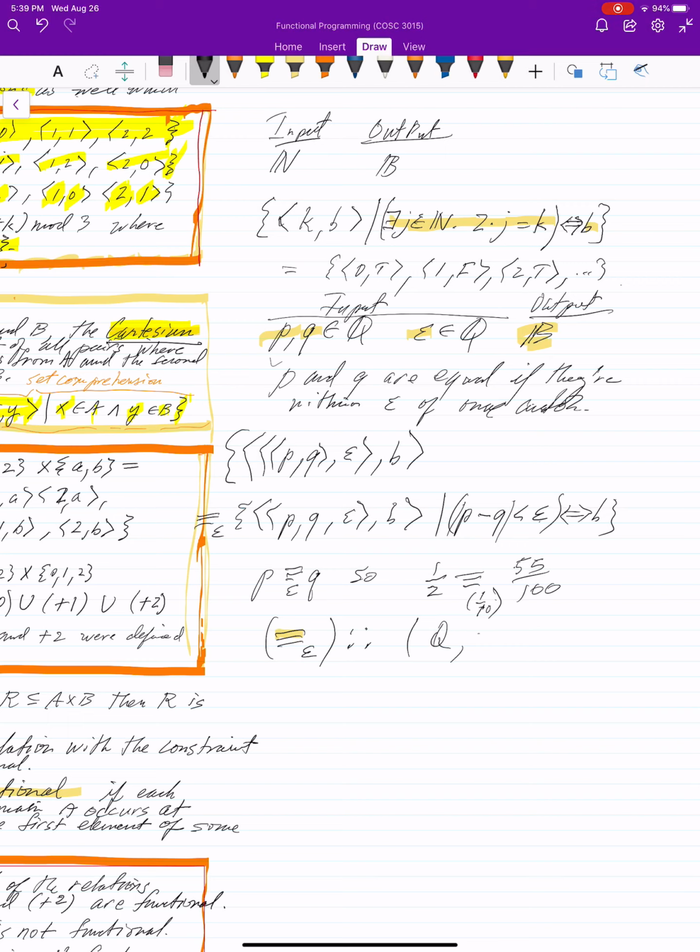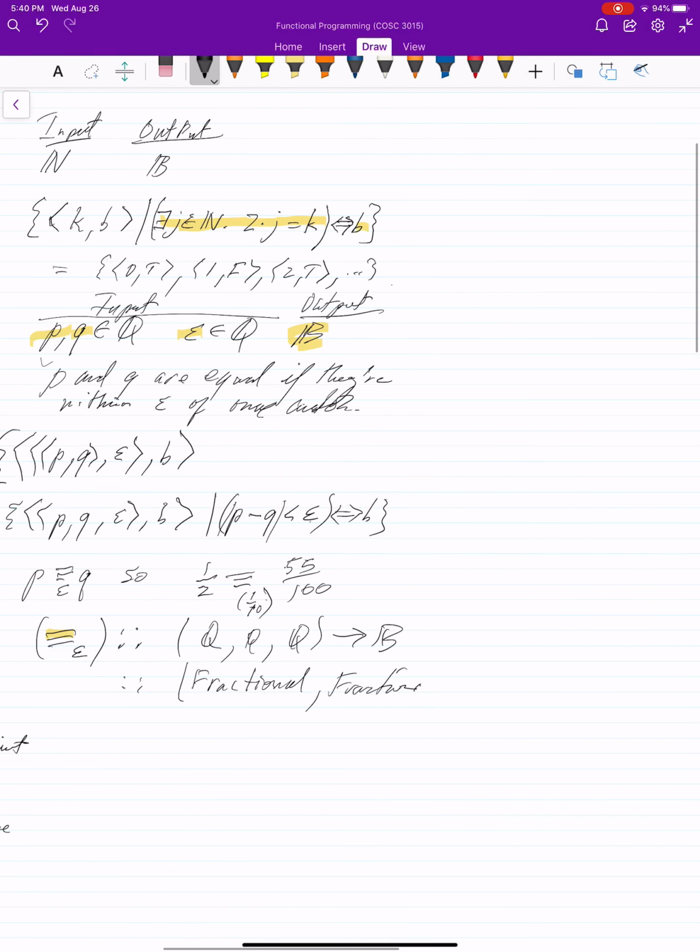It has the type that is Q, Q, Q, arrow, bool. And if I'm trying to write this as a Haskell type, then this is actually fractional, arrow, bool.